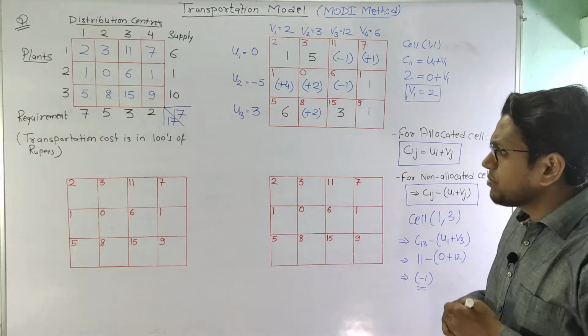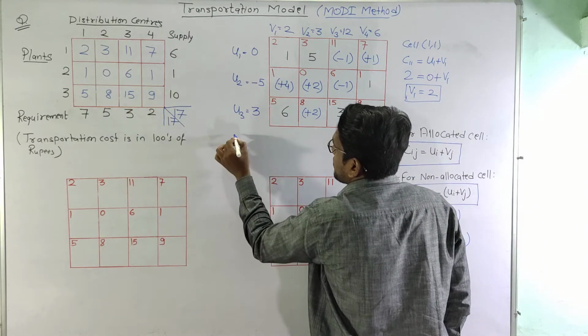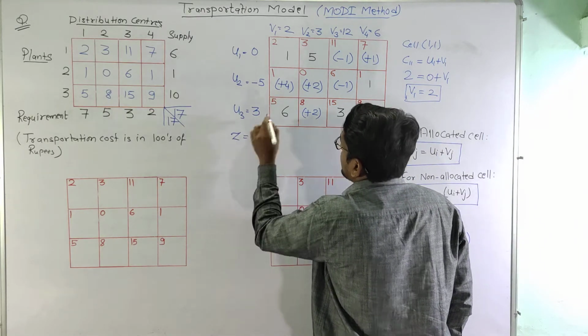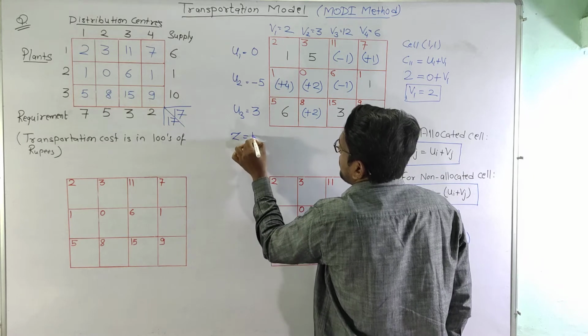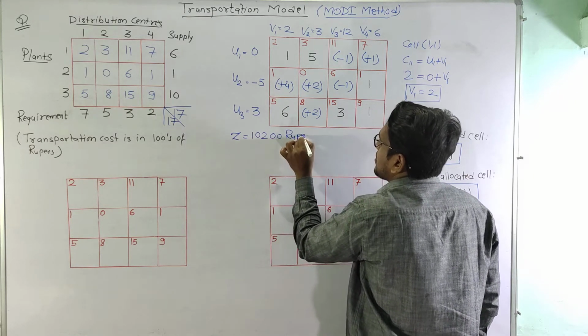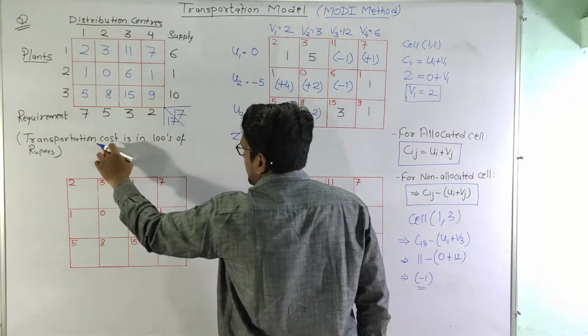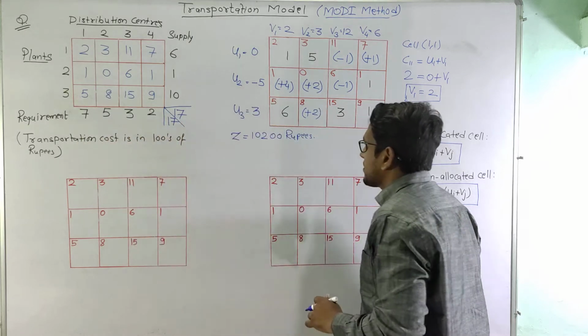As we know from the previous basic feasible solution, the value of Z for this particular solution is 10200 rupees, because these are all hundreds; transportation cost is in hundreds of rupees.